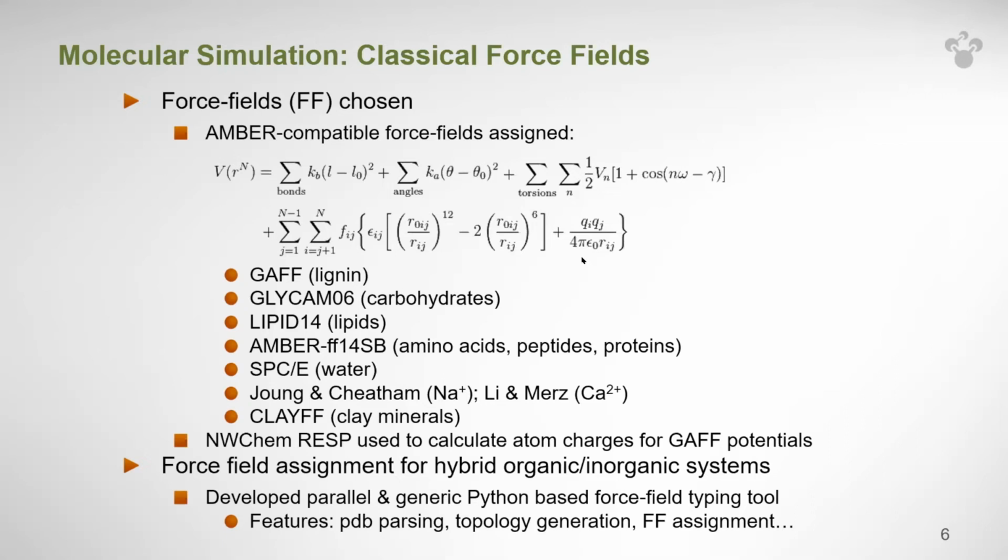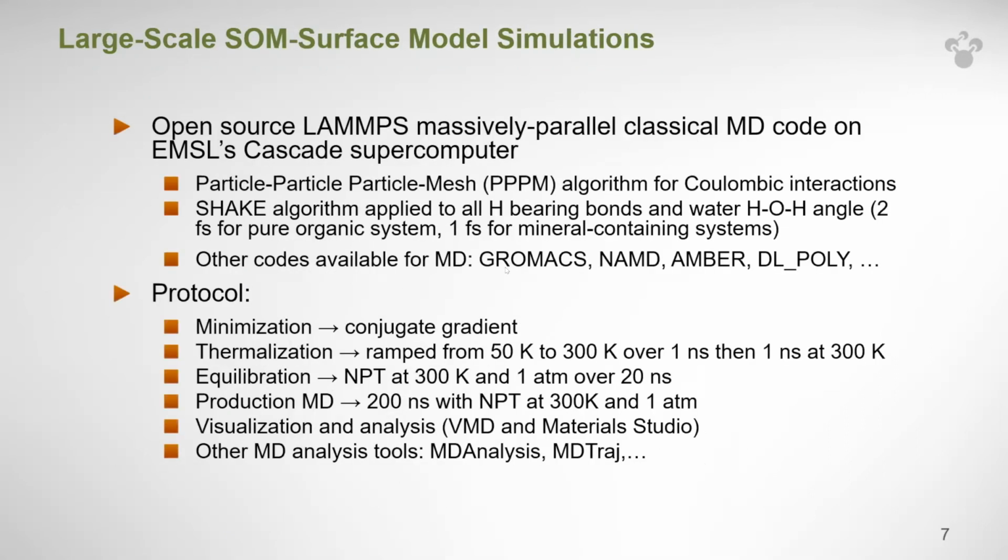And we use LAMMPS, molecular dynamics code, to run these calculations. We could have used other codes, but LAMMPS is especially flexible with dealing with these heterogeneous types of systems.